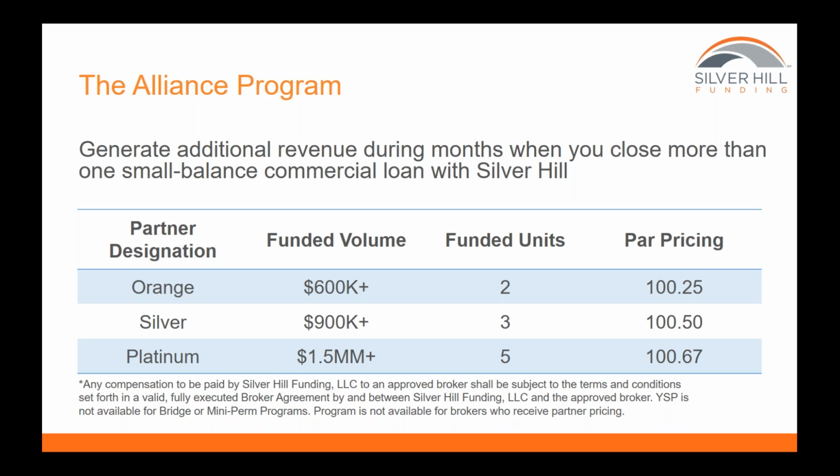So it's a very exciting program, and we pay out about $30,000 to $40,000 every month to different brokers, in addition to all of the fee income that they made during the loan origination process. So our brokers really like sending us multiple deals so that they can take advantage of this basically free money.